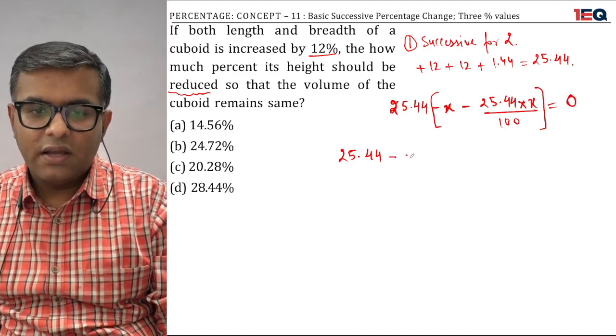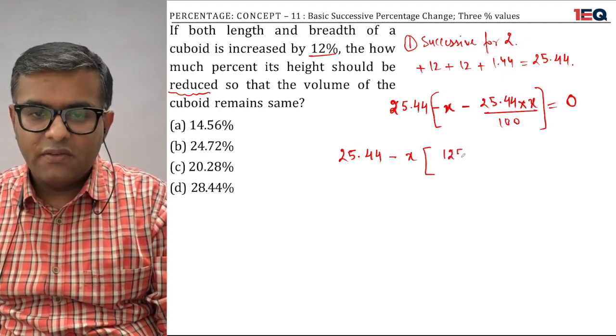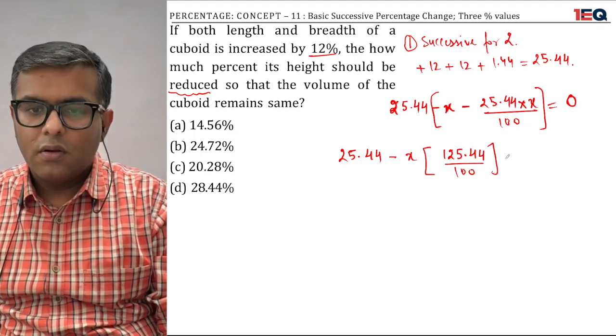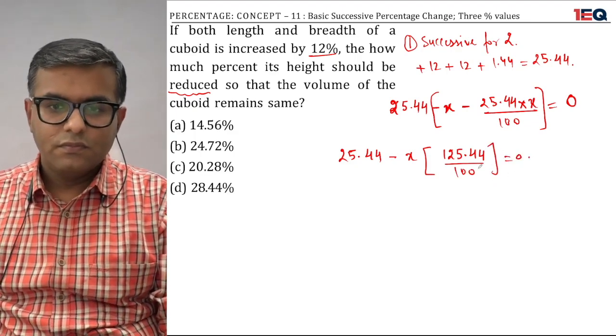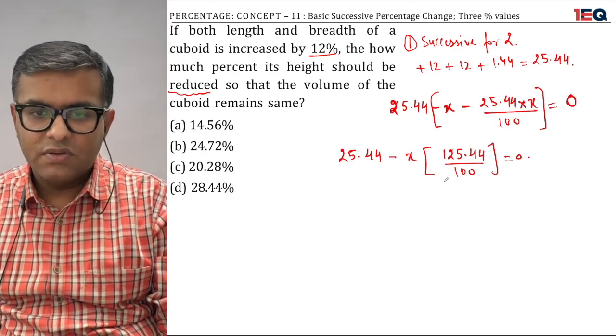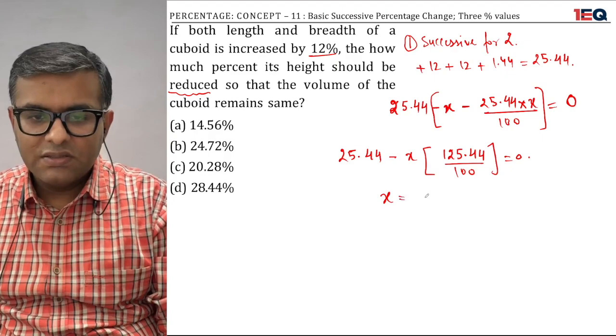So I can take x common over here and easily say that now minus is also common outside, that 125.44 upon 100 is equal to 0. Now taking it on the other side, we're forgetting about the minus sign because the minus sign would automatically go away. The value of x is equal to 25.